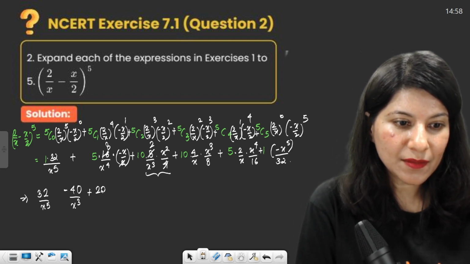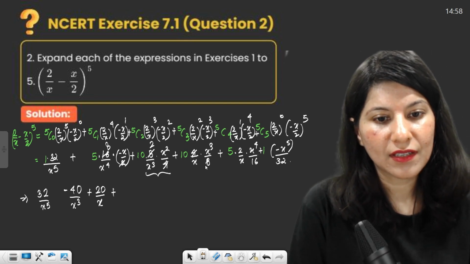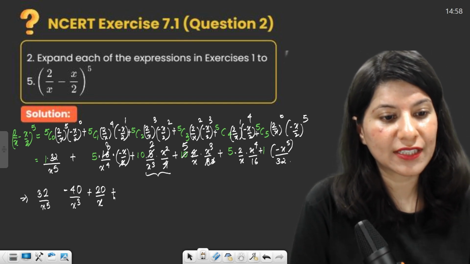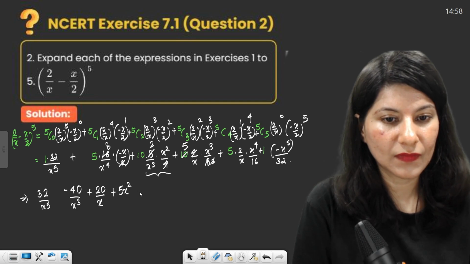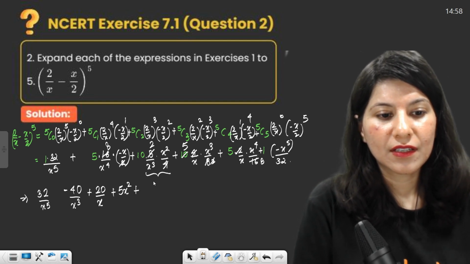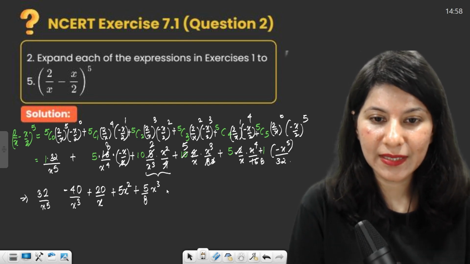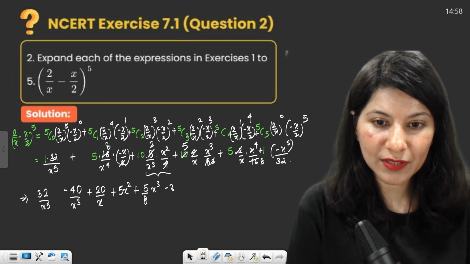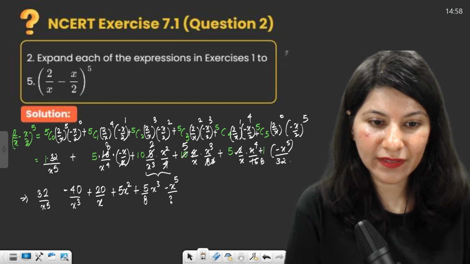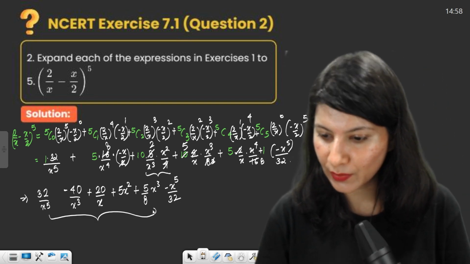Plus 20 by x plus we are having 5x square. Plus we are having 5 by 8 x cube, right? And last but not the least, x raised to power 5 by 32. These are all 6 terms with us.